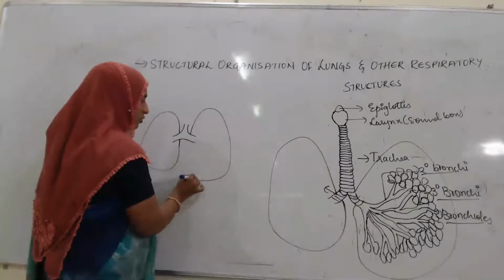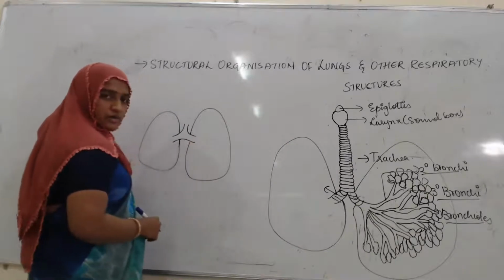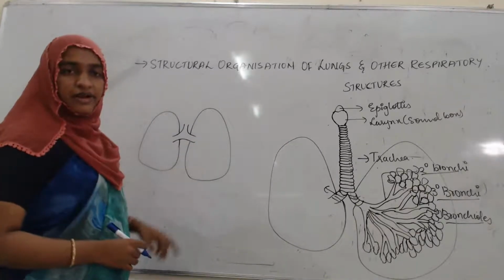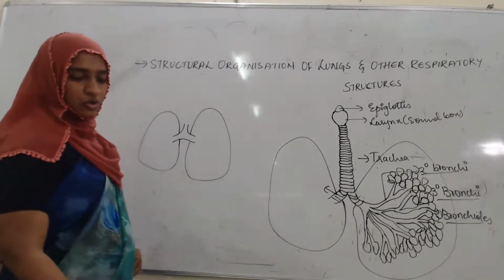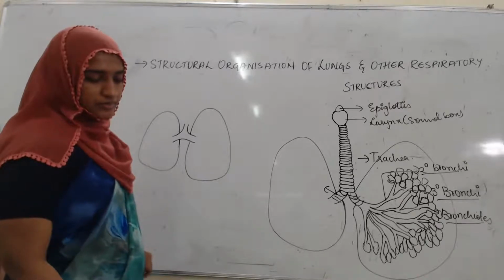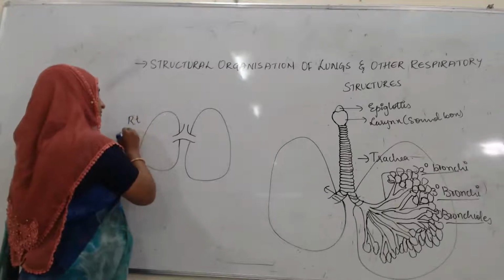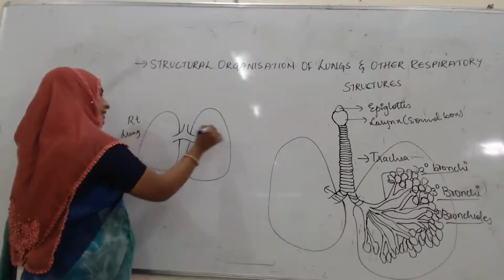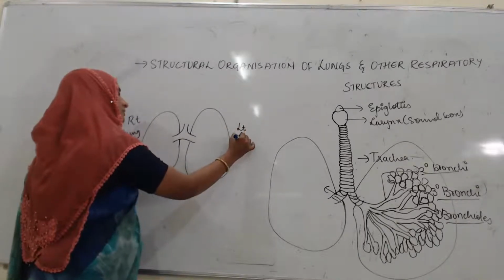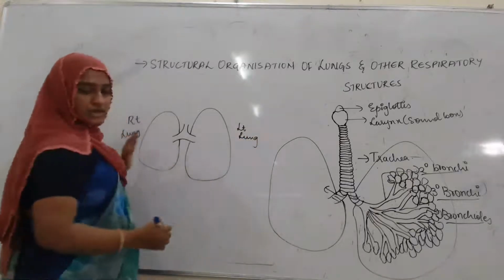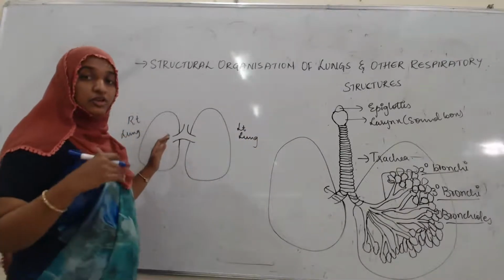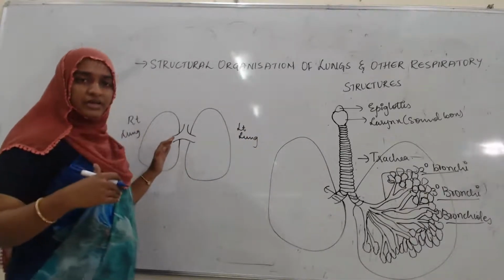These are the 2 lungs. Okay, it is further divided into what? Into the lobes. Here, this is the right lung, and this is the left lung. The right lung is divided into 3 lobes, or 3 compartment-like structures.